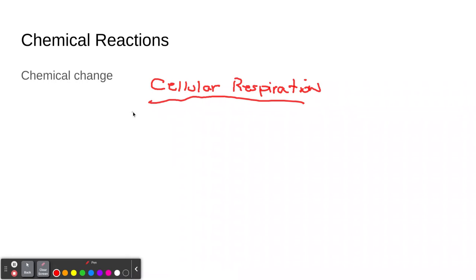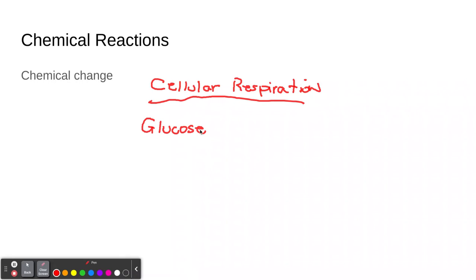Another thing you should know in these chemical reactions is a chemical formula. So, for example, let's talk about cellular respiration. In cellular respiration, when the body has food, it has its glucose, which it wants.